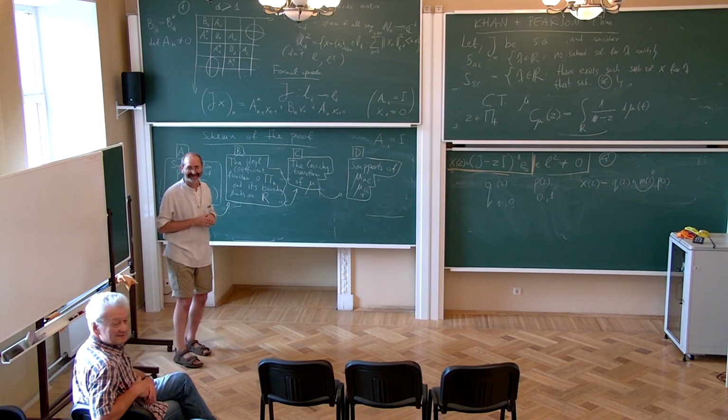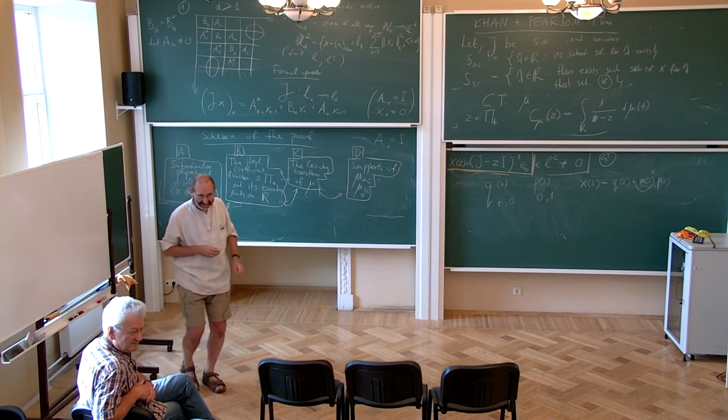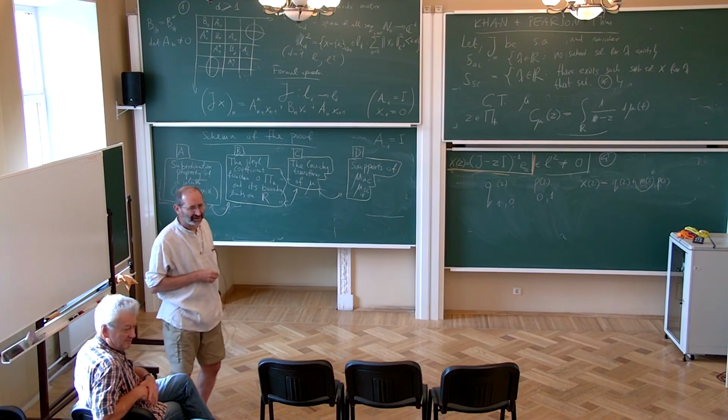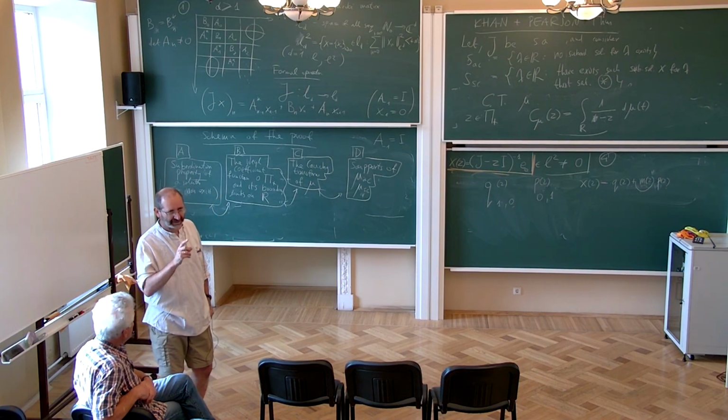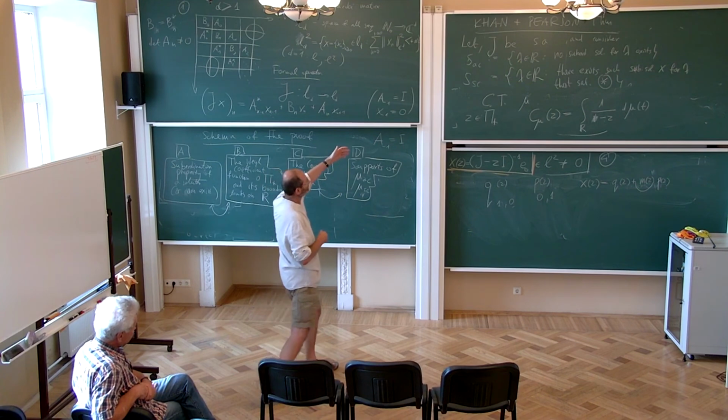I see. In the scalar case, you always have one subordinate solution. No, I can have one, but I can have none. Yes, of course. So this theorem is about it.